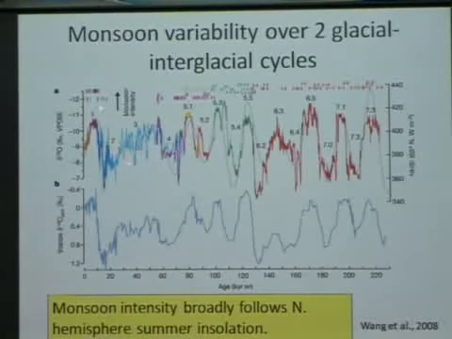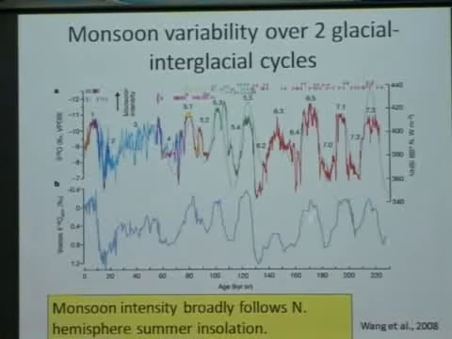And this is dominantly showing this 23,000-year precession type cycle in the monsoon, which is as expected for low and mid-latitude regions, where just changing the amount of radiation falling in the northern hemisphere summer, due to changes in the Earth's orbit, will directly influence the monsoon because it directly affects that temperature gradient and that pressure gradient. So during high insolation, we get strong monsoons. Low insolation, we get more dry monsoons.